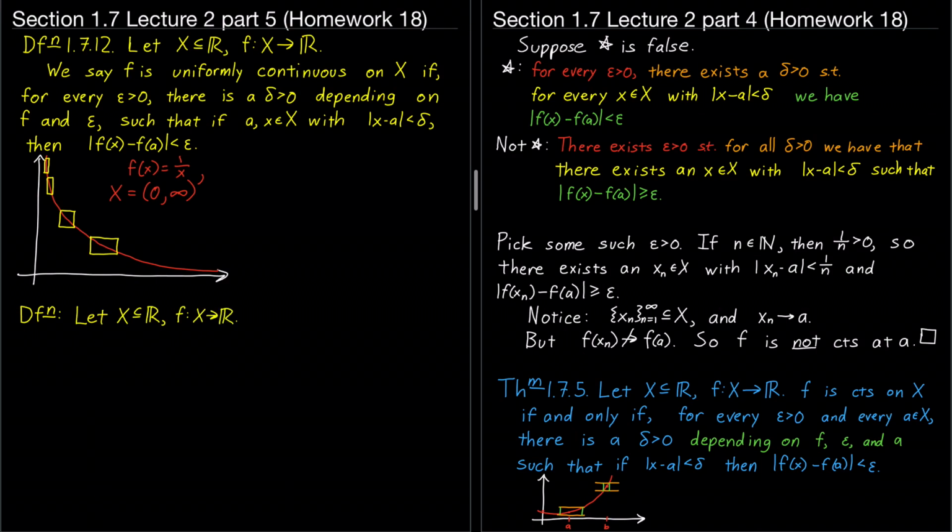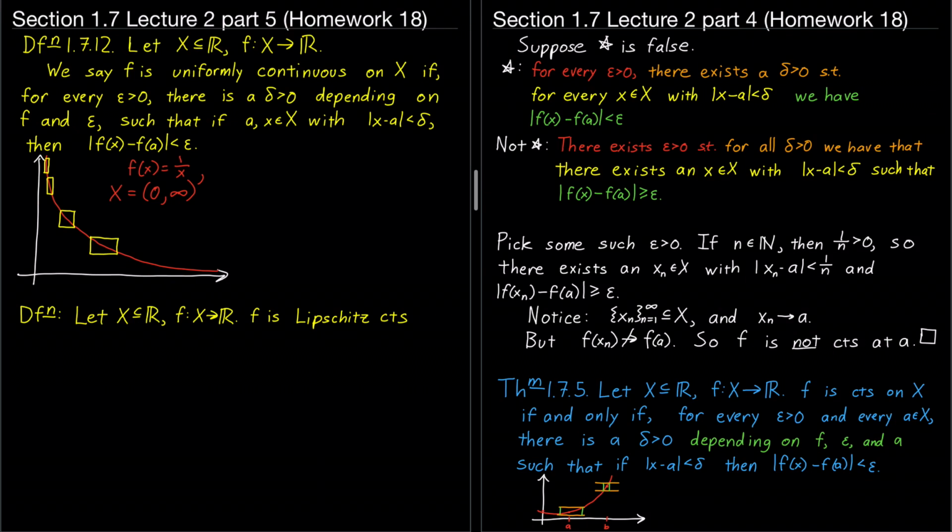So we've got a function as usual. We say that f is Lipschitz continuous. Now remember, regular continuous by theorem 1.7.5: for every epsilon and a, there's a delta that depends on the function f you're looking at, your point a and your epsilon.